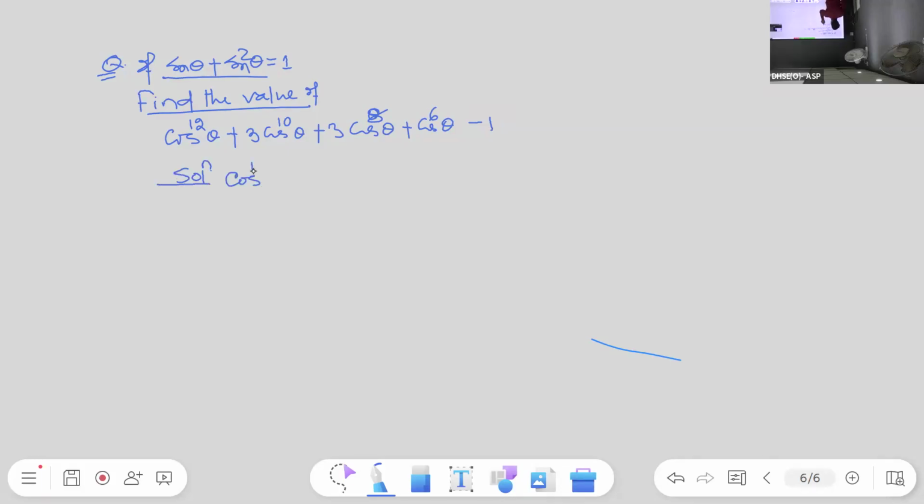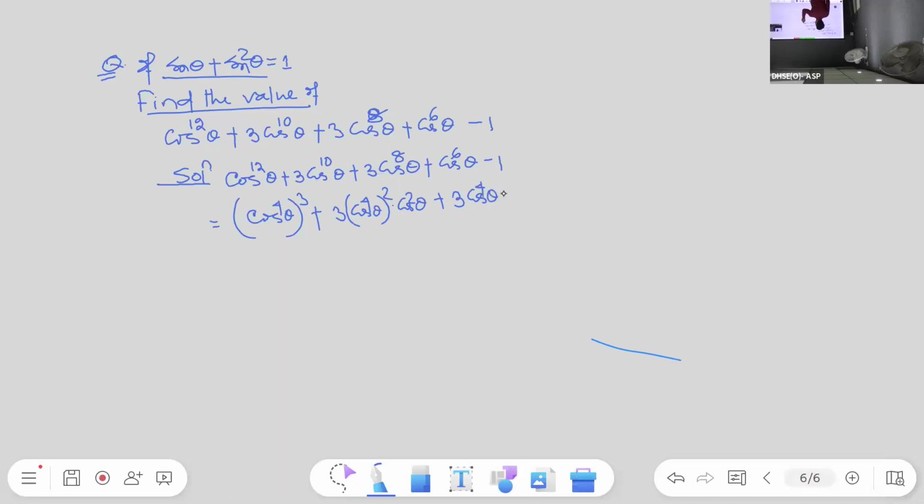Cos to the power 12 theta plus 3 cos to the power 10 theta plus 3 cos to the power 8 theta plus cos to the power 6 theta minus 1 is equal to cos to the power 4 theta whole cube plus 3 cos to the power 4 theta whole square into cos square theta plus 3 cos to the power 4 theta into cos square theta whole square plus cos square theta whole cube.